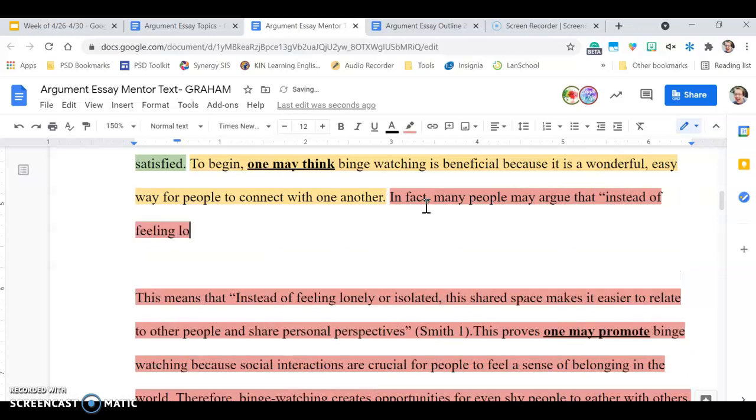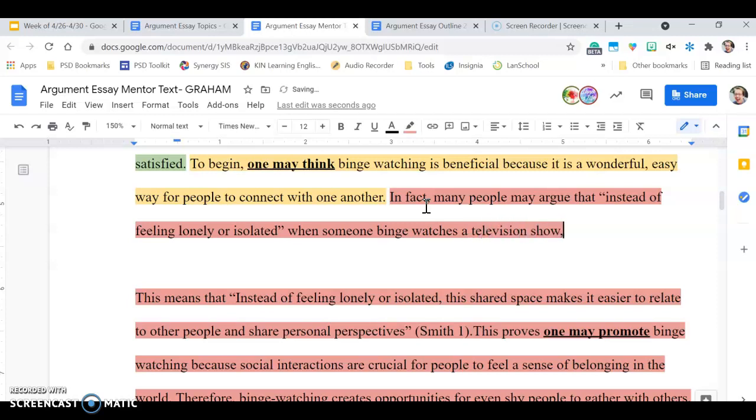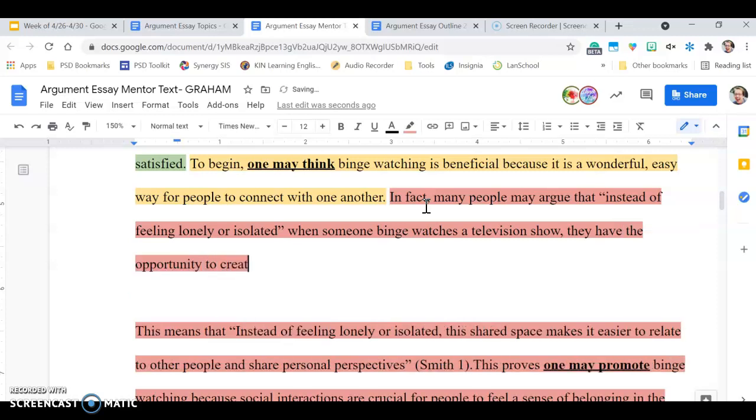Instead of feeling lonely or isolated, that's the part that I want from the beginning of the quote. When someone binge watches a television show, they have the opportunity to create a shared space, right?